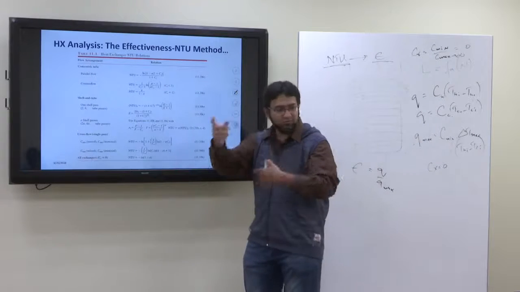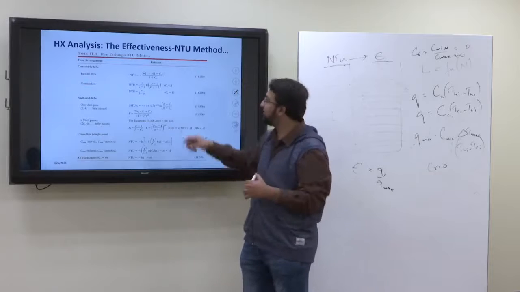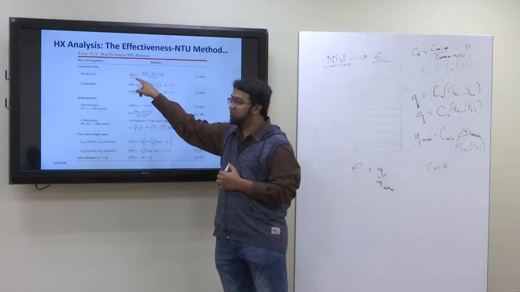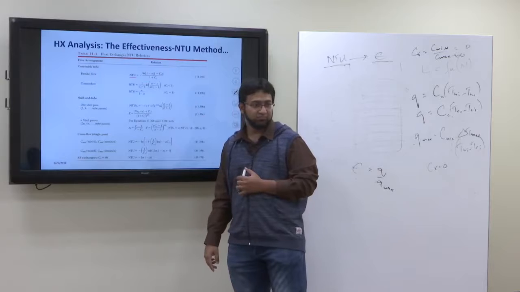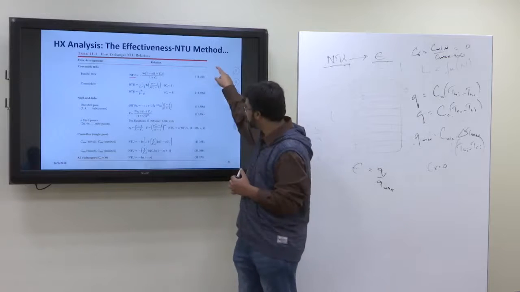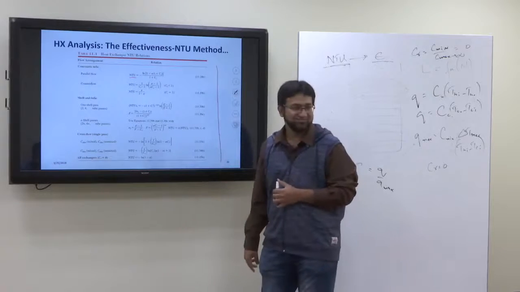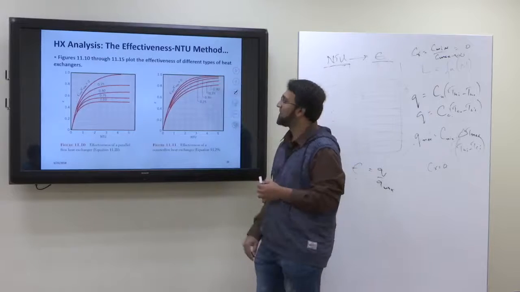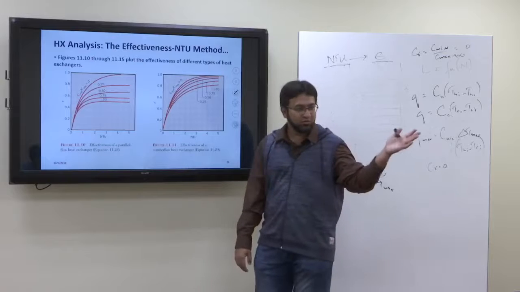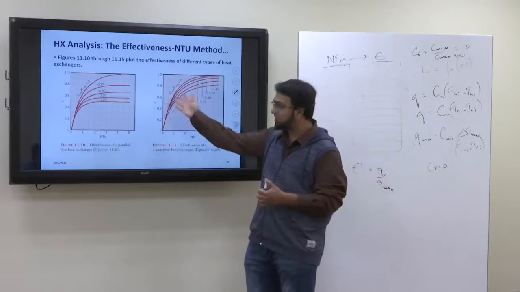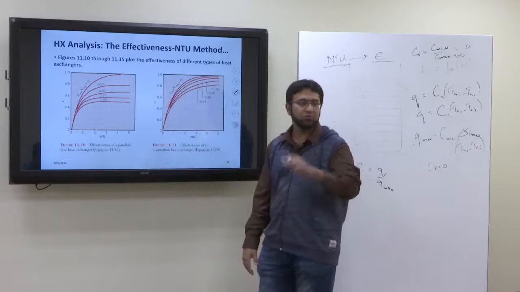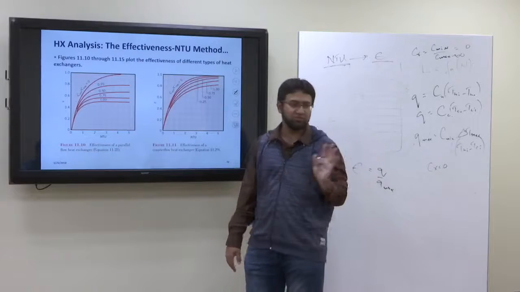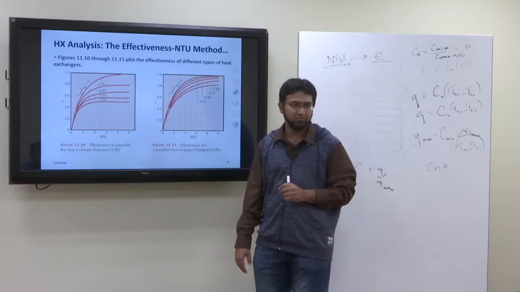Now, the other way around, if we know the effectiveness and we want to know the NTU, then these are the set of formulas. Using those formulas, these graphs are made. You can use the formula or the graph, whichever you find feasible.